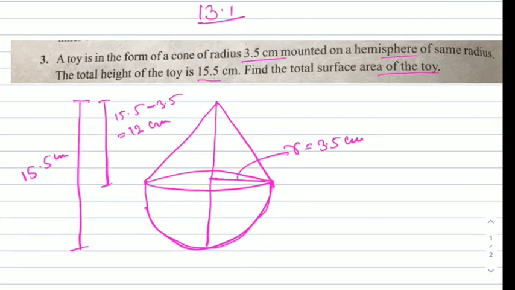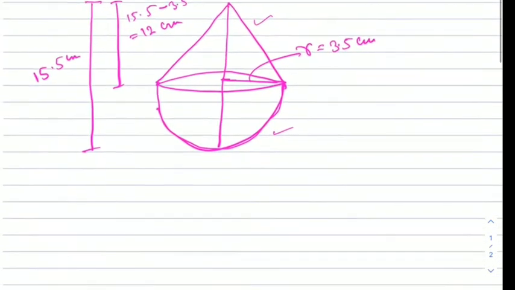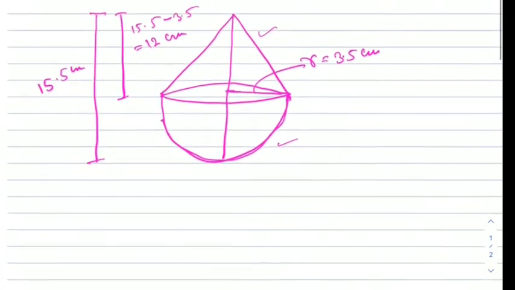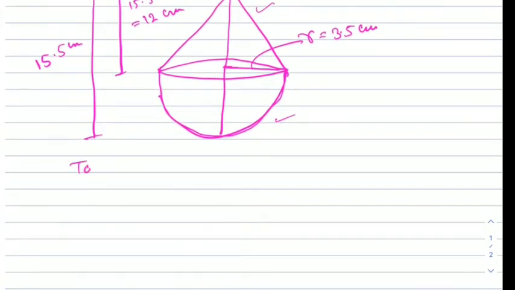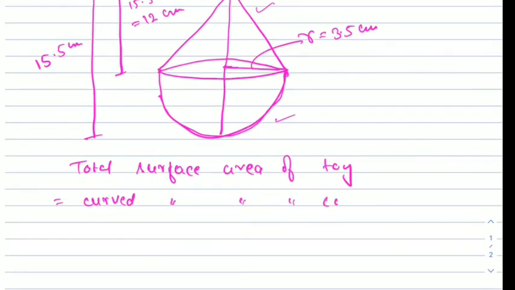Total surface area of the toy will be equal to the curved surface area of the cone plus the curved surface area of the hemisphere.